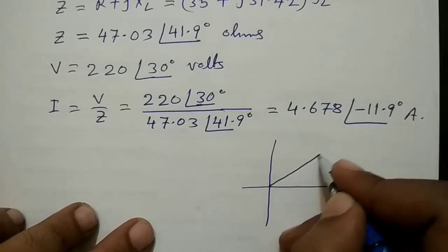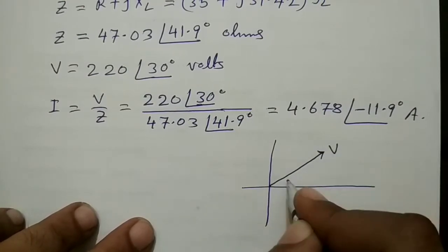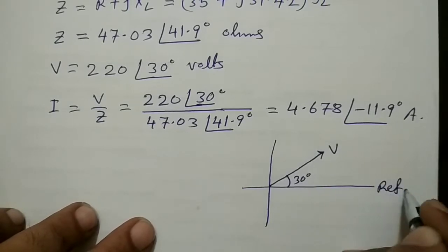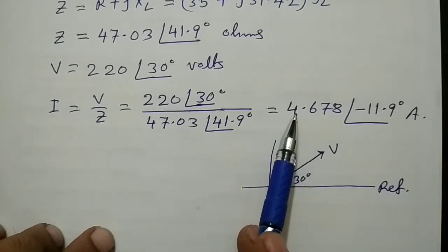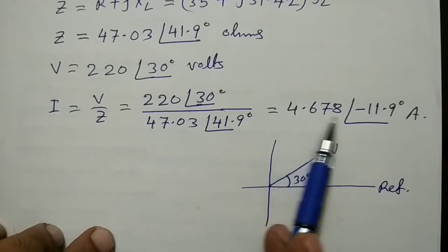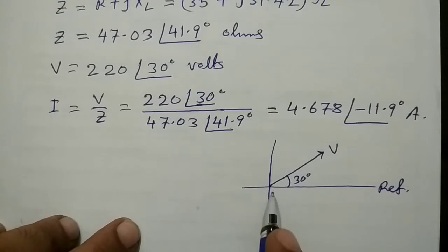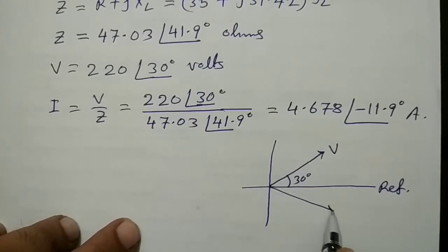It will make 30 degree with the reference line. And the current is 4.678 angle minus 11.9 degree, so the current will be in the fourth quadrant and this angle will be 11.9 degree.